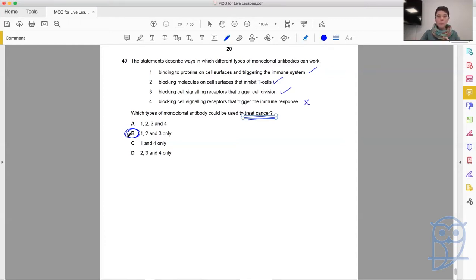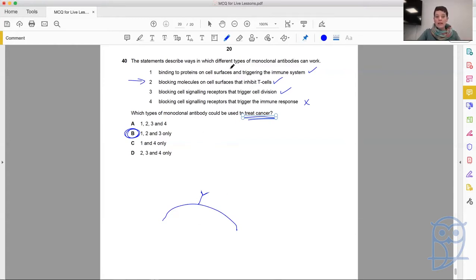Okay, so I had a question come through about statement 2 here, that it's a bit confusing. Let's say we have a cell surface and we have a molecule here that inhibits a T cell. In other words, it prevents the T cell from attacking this cell.